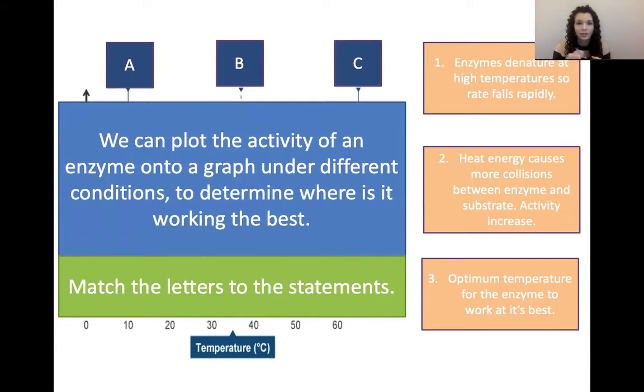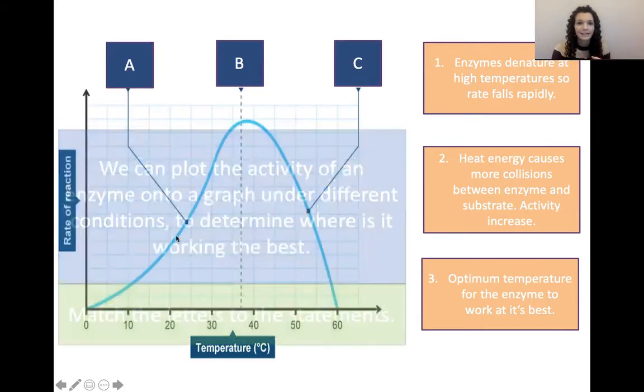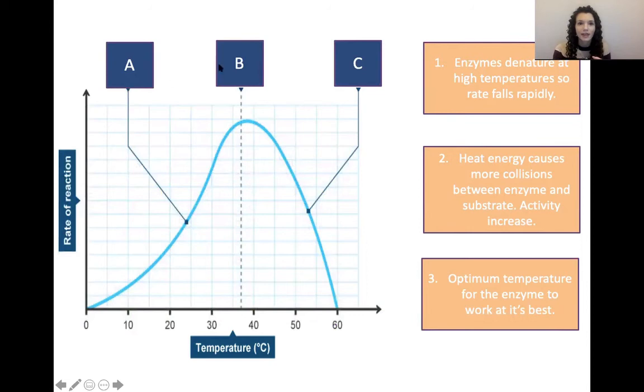So what I would like you to do is match the letters on this diagram to the correct sentences, the correct descriptions of what's happening in the graph. If you pause the video, write out A, B and C and try and write out the correct description of what's happening in the graph there.